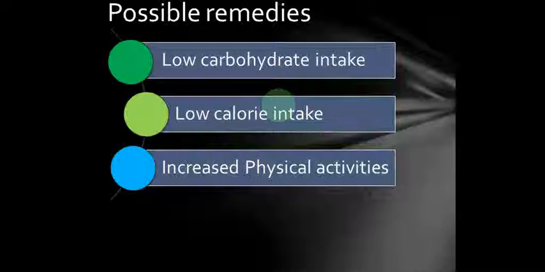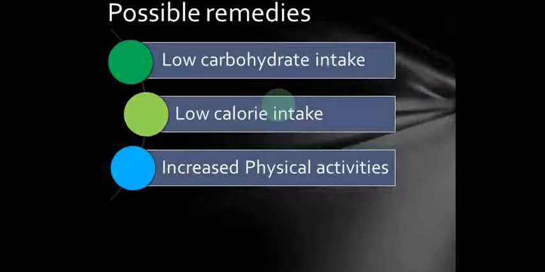Apart from that, there are lots of remedies and lots of things that can be done to get you in shape and lose weight. But three of the major things that you can do at this moment are low carbohydrate intake, low calorie intake, and increased physical activity.